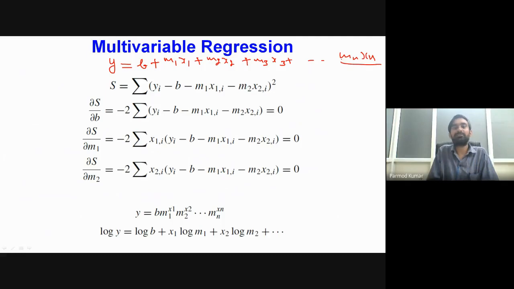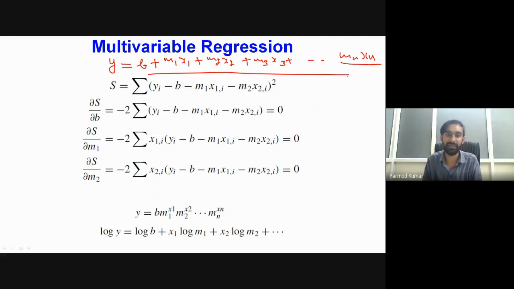In this case I have used the linear fit, and we have x1 to xn, n number of independent variables, which are actually affecting our output variable y. So while defining the sum of squares of deviations, we will have this formulation.